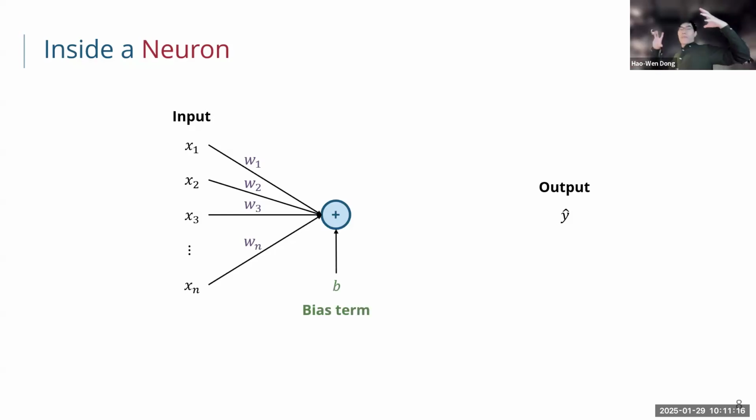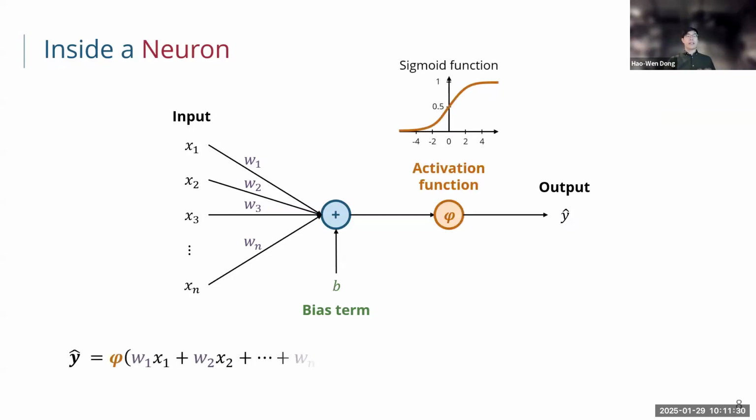So, the power of a neural network is not that each single neuron is fancy, but rather that each neuron is very simple. It's just doing a weighted sum. Technically, how it's defined is weight x1 with w1, weight x2 with w2, everything, and sum it up.